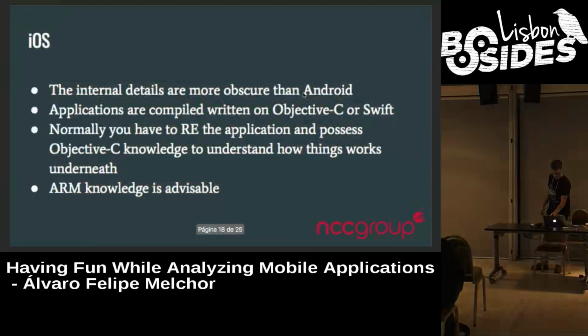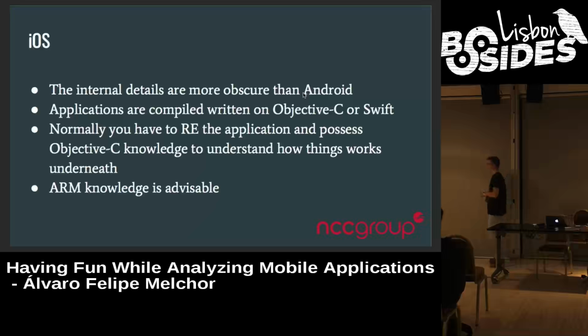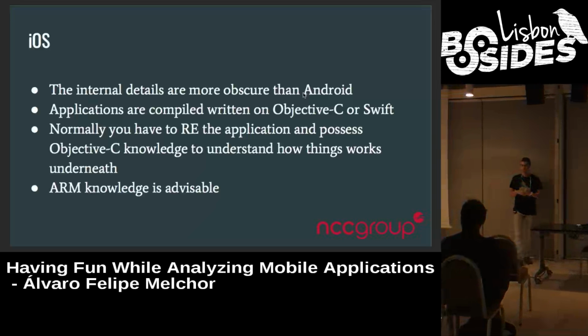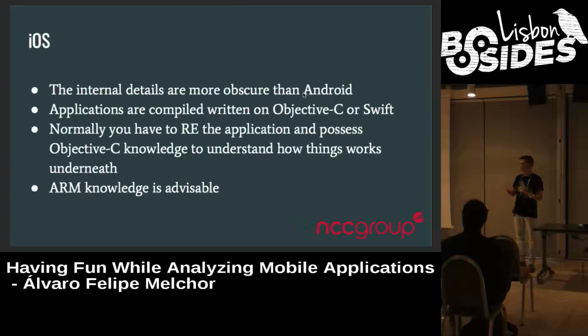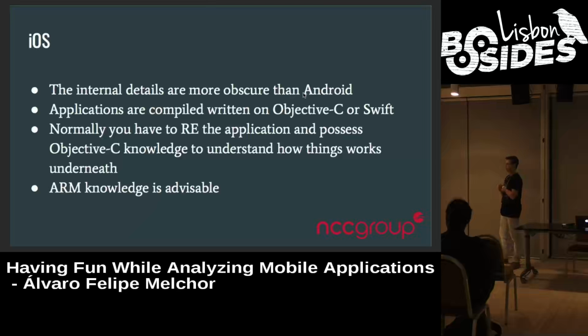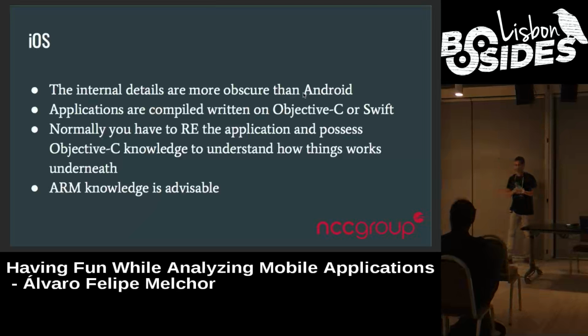So let's go to iOS. For me, iOS, in contrast with Android, is a more closed platform. Everything is not that well documented, in my opinion. And the application runs natively. So you need a bit of knowledge of ARM in order to understand a bit when you are reverse engineering applications. Also, applications in iOS are written in Objective-C, and a newer language is Swift that Apple made.